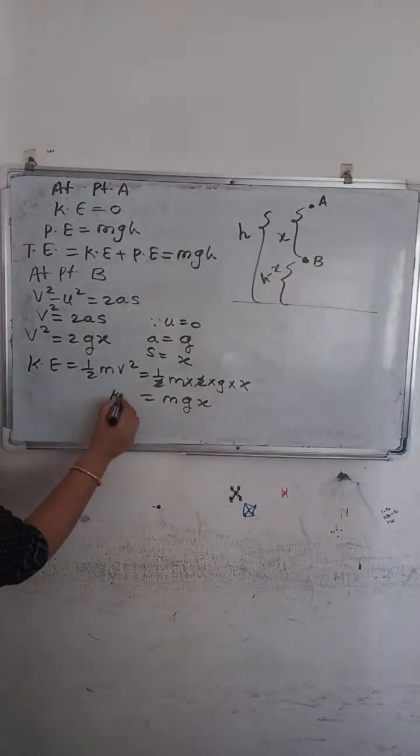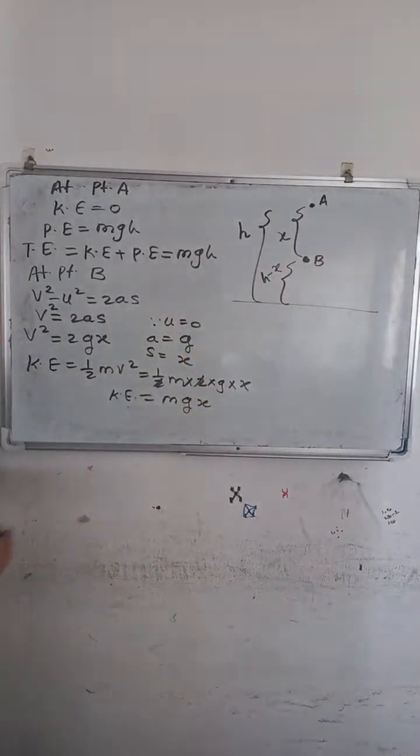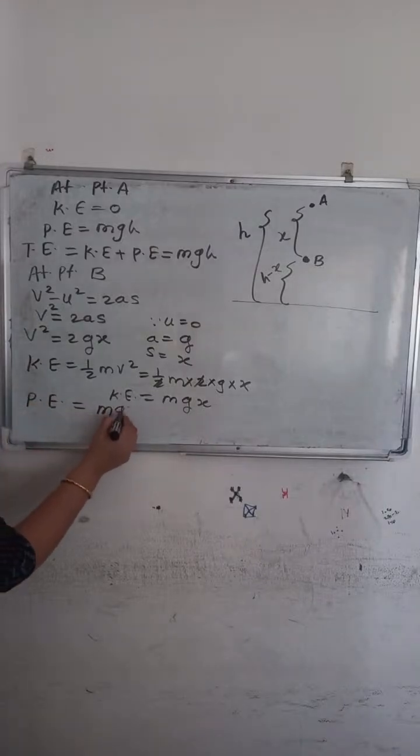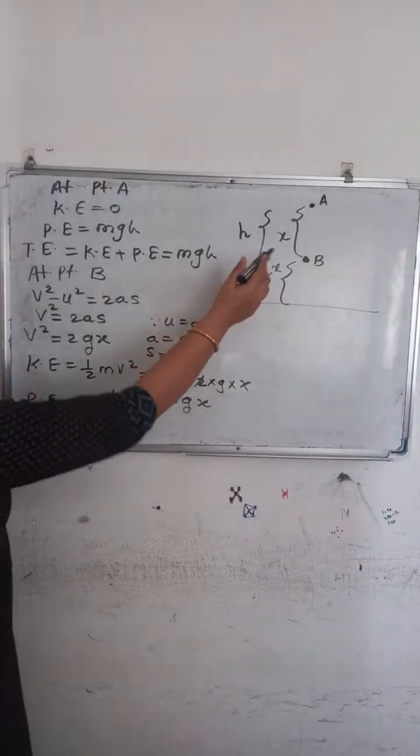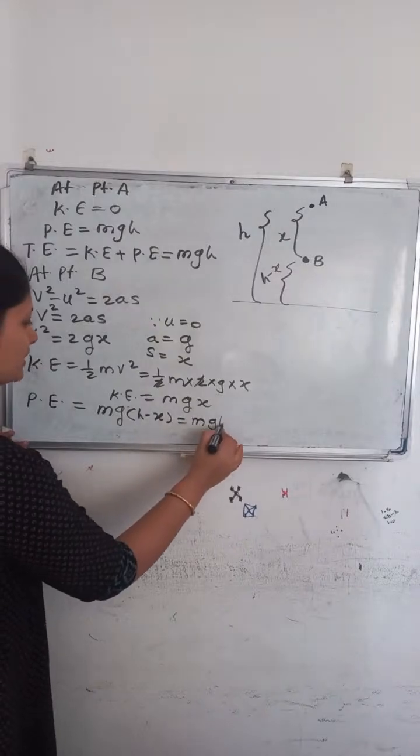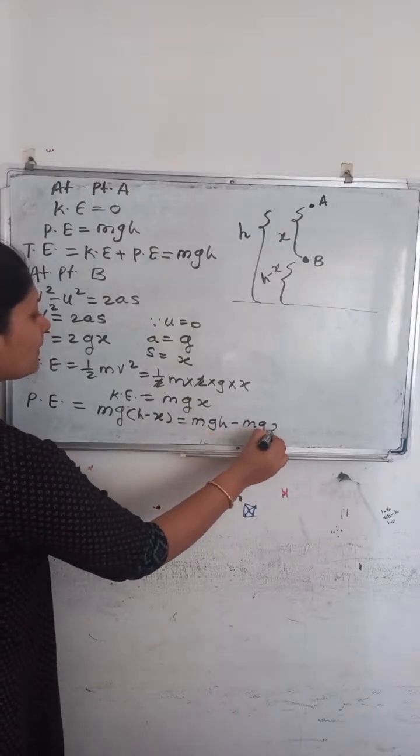This is the kinetic energy at point B. Now I am interested in calculating the potential energy at point B. The height of the body at B above the ground is h minus x, so potential energy at point B is mg times h minus x. Simplifying the bracket, mgh minus mgx.